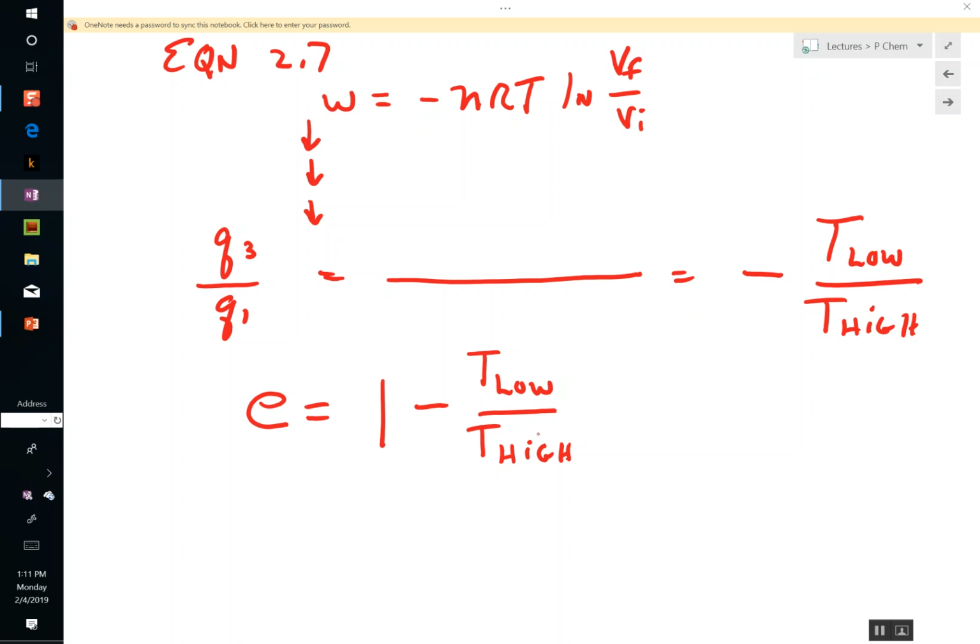I'm trying to think how to make this practical. Let's go back to steam engines. They're burning coal, making steam. The water is turning into steam, a vapor. It's doing work, pumping pistons and moving a train. It's condensing back down into water. It's going through a cycle of expansion and contraction, not necessarily reversibly, not the ideal situation, but that sort of thing.